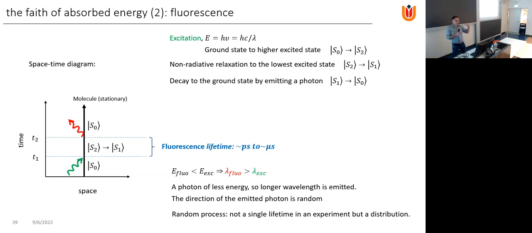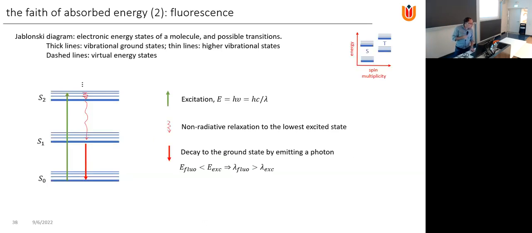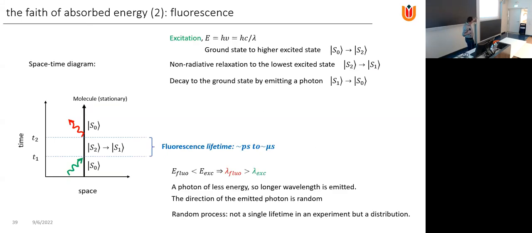Yeah, the states here are the molecular states, so it goes to an excited S2 and then it relaxes back to the first excited state, so to say, and then it relaxes to the true ground state, and that is where the photon is emitted. And that whole process takes some time, in the order of picoseconds to microseconds.